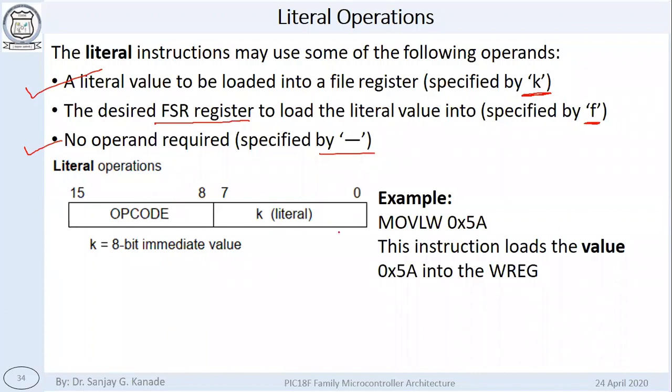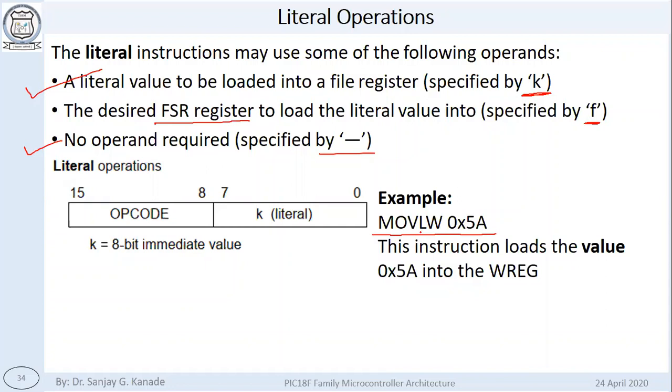The structure of this kind of instruction is like this. The literal in general is an 8-bit value, and then the rest of the 8 bits are the opcode. For example, the most common type of instruction that we are going to use from this category is MOVLW.